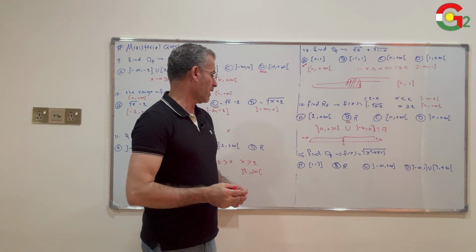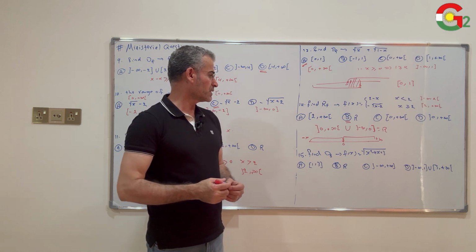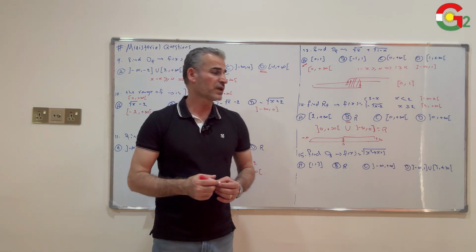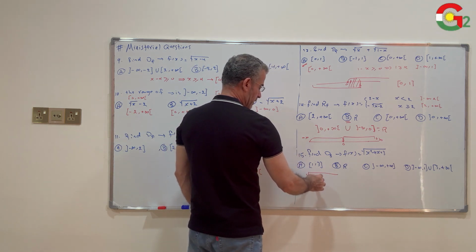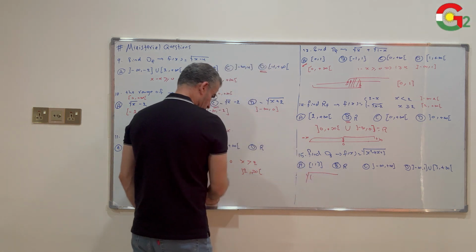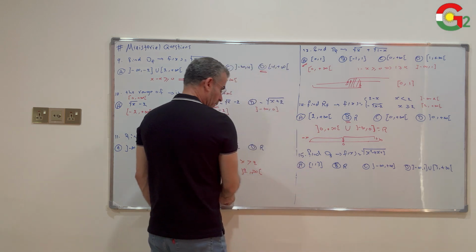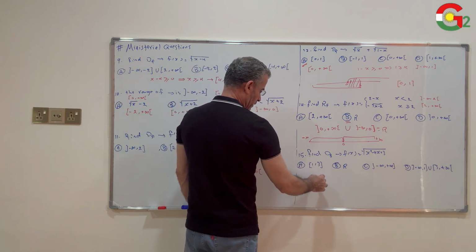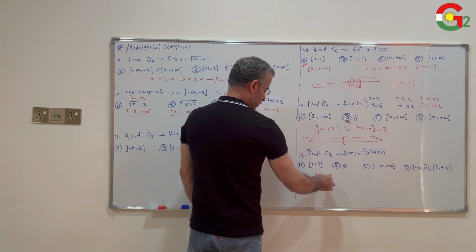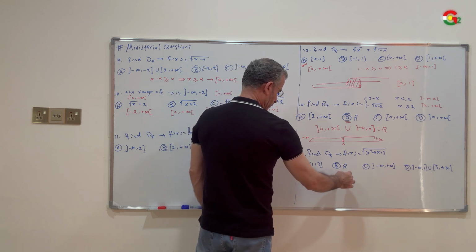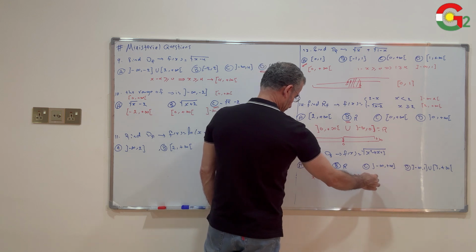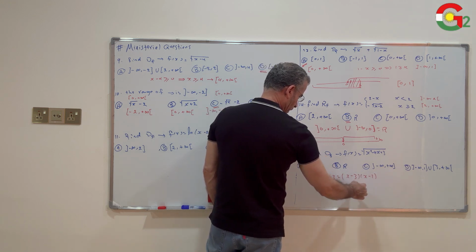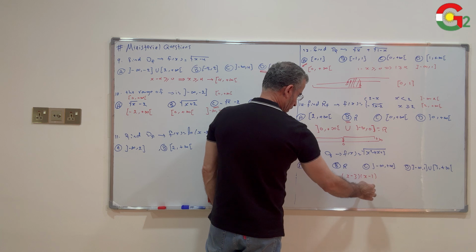Question number 15. Find the domain of the function f of x equals square root of x squared minus 4x plus 3. I'll analyze the term under the square root by factoring it: x minus 3 times x minus 1, then x equals 1 and x equals 3.